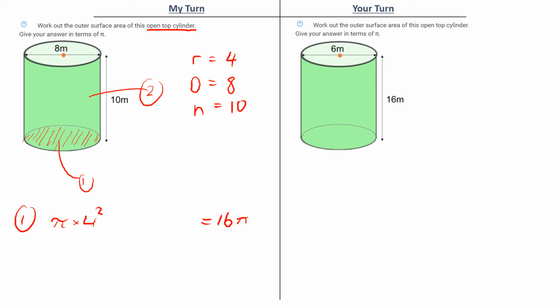Right, okay, so face number 2 then, we've got height of 10 times by the width, which remember is the circumference of the circle, so it's going to be pi times d, so it's pi times 8, which is 80 pi. So total surface area, add them together, so we've got 96 pi.